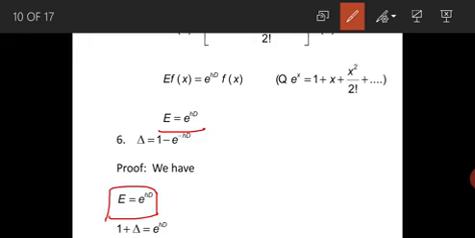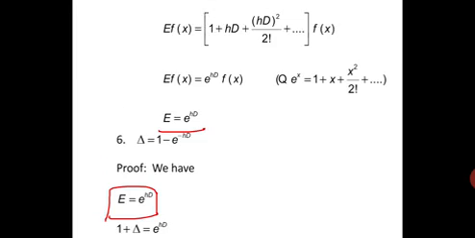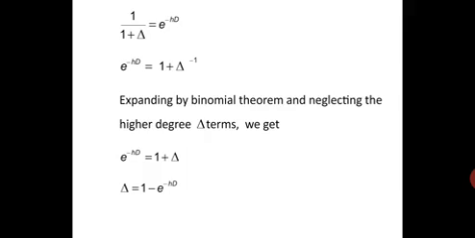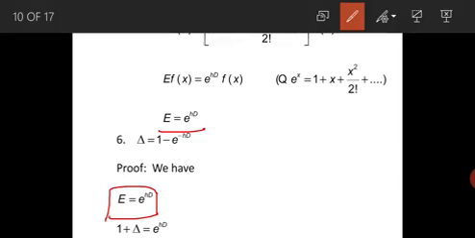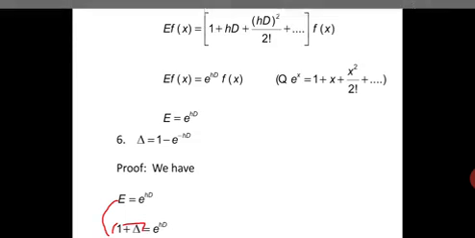I can say E is nothing but 1 plus delta. In one of the problems in this session we have done that E is equal to 1 plus delta. I am considering that. E is equal to 1 plus delta. So I am substituting that here. You can see it here. E is nothing but 1 plus delta. I wrote this, right? So e power hD will be as it is.